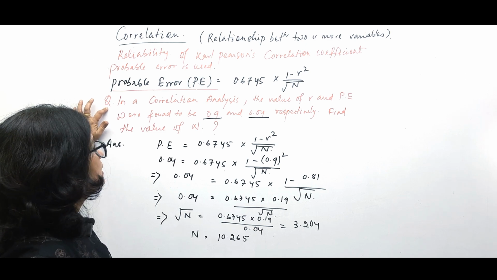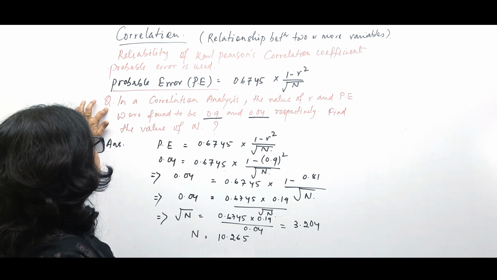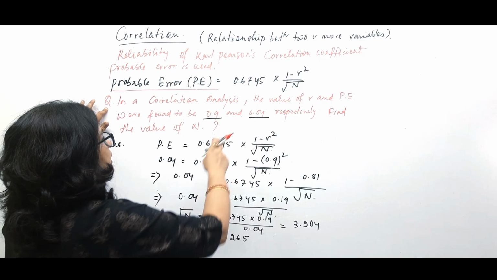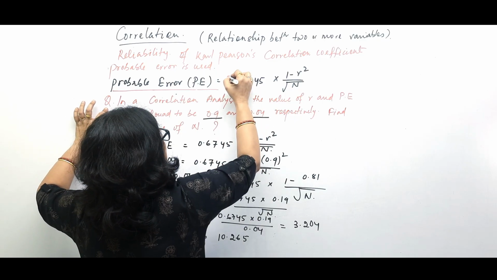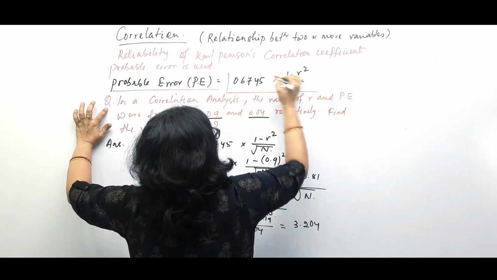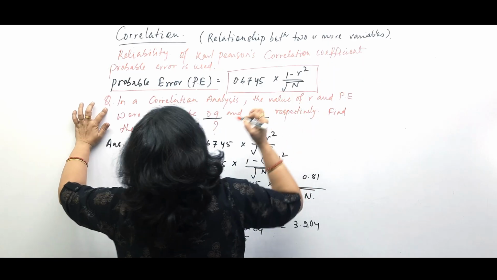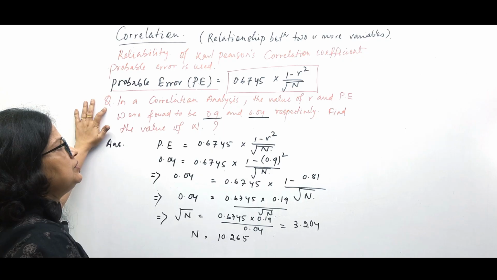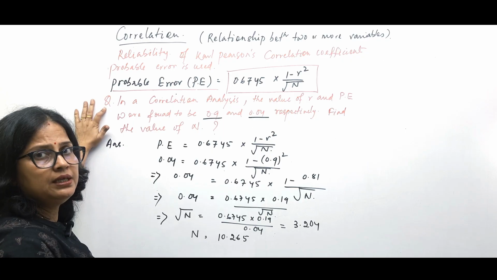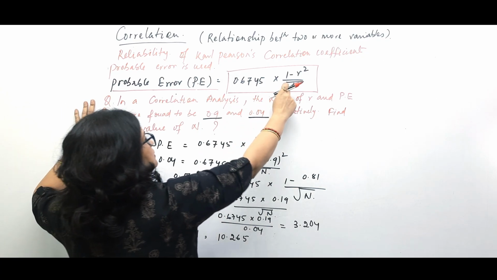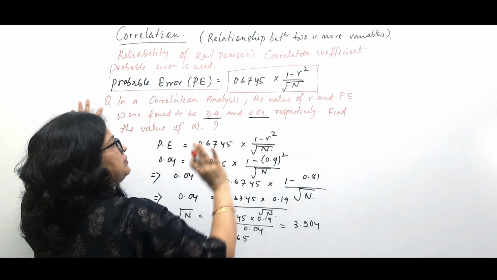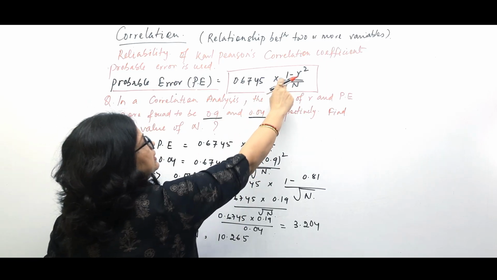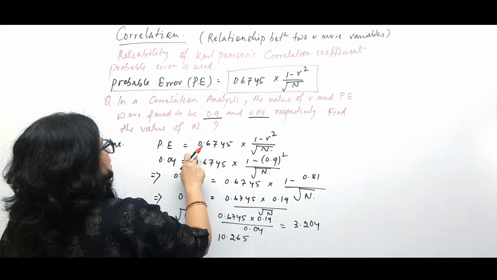Let me discuss once again. In a correlation analysis, the value of r and PE were found to be 0.9 and 0.04. This is the formula to find the probable error: 0.6745 into (1 minus r square) divided by root of n. I forgot to write the root earlier.